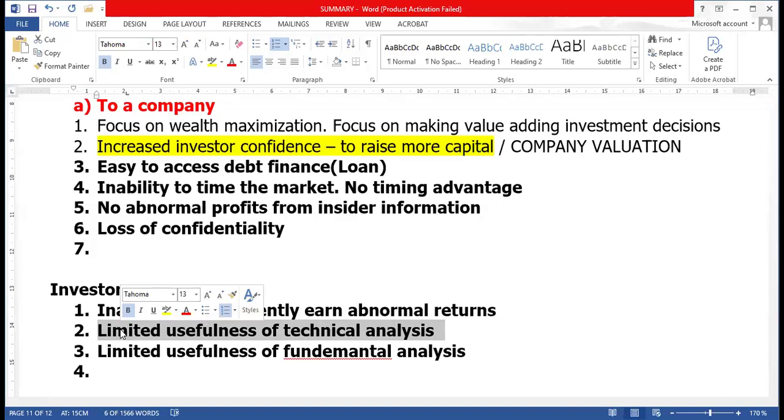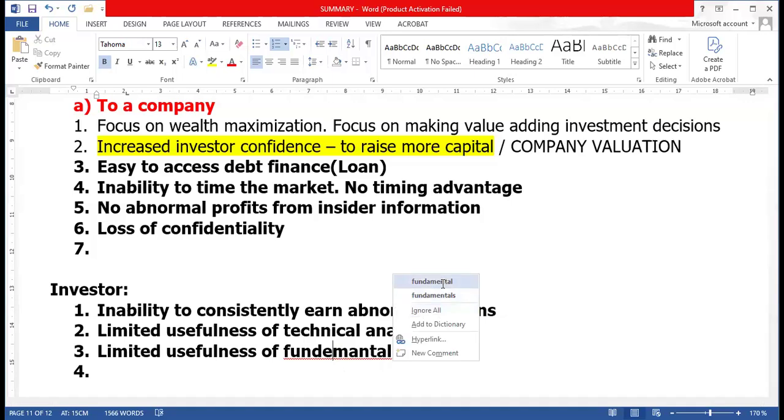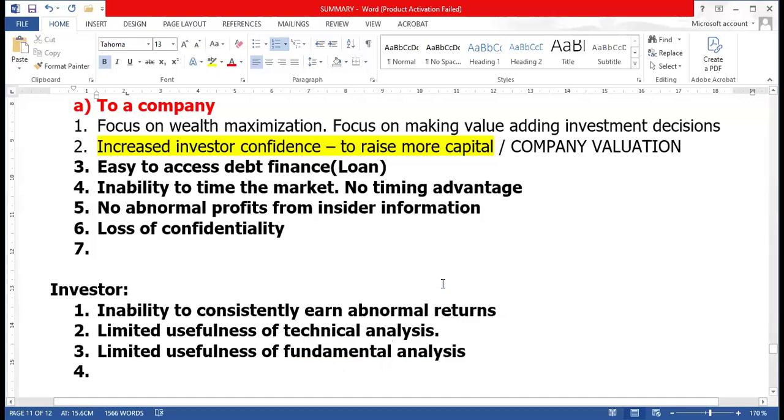So by the time an investor acts on the information, the market has already adjusted. So you don't need to do those kinds of analysis. The same applies to fundamental analysis. Remember, fundamental analysis was related to looking at the publicly available information, analyzing financial statements, economic reports, all the information that is published.